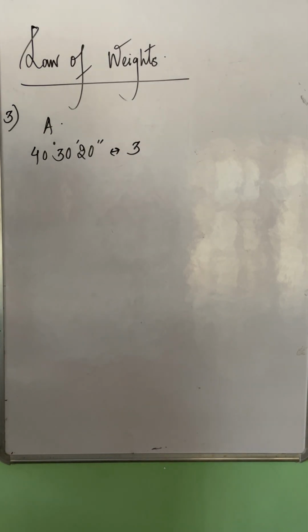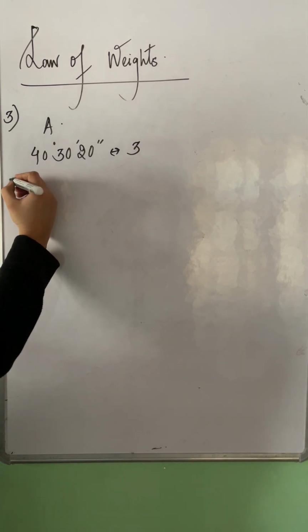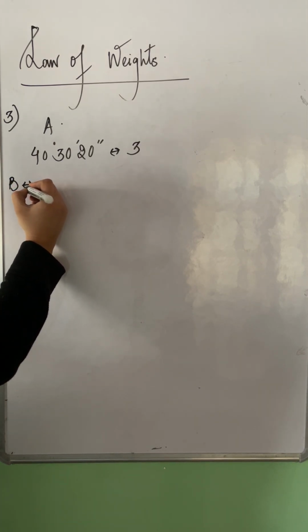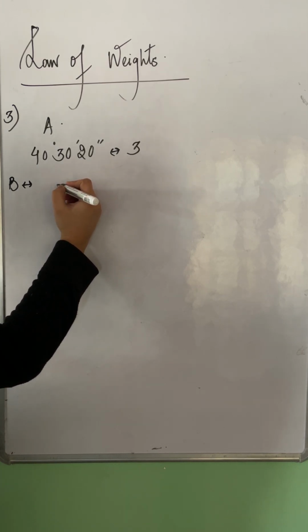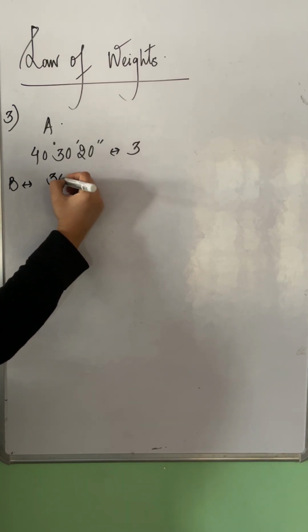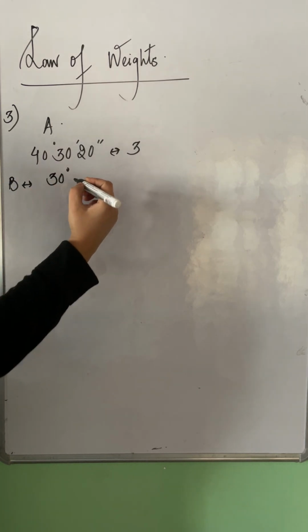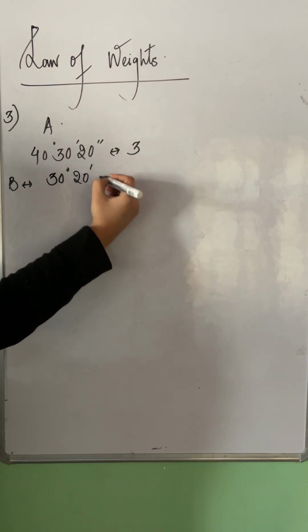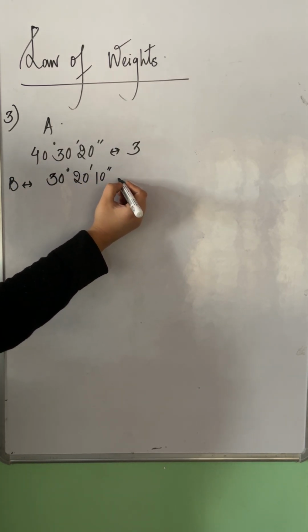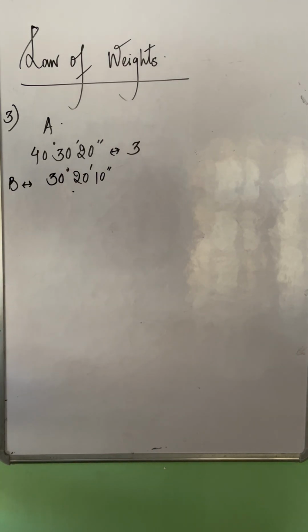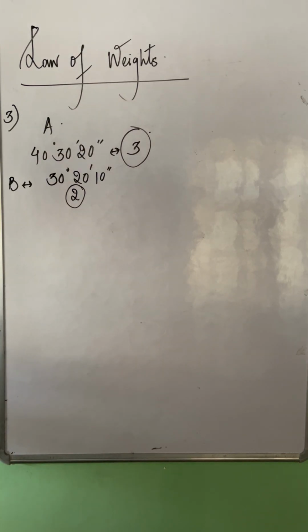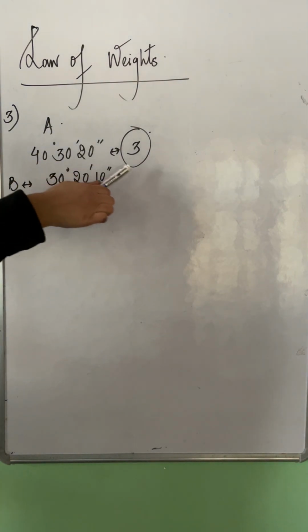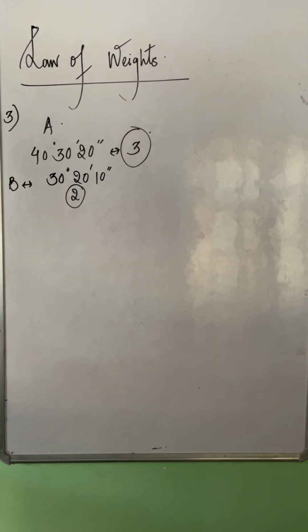And angle B has a value of, let's suppose, 30 degrees, 20 minutes, and 10 seconds. And it has a weight of, let's suppose, 2. The first observation, angle A, has a weight of 3 and angle B has a weight of 2.